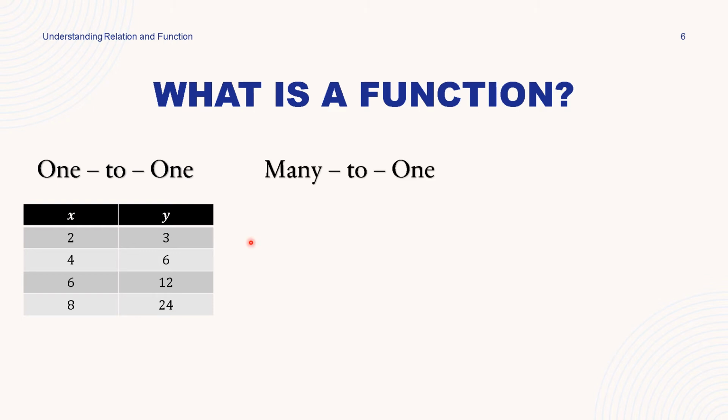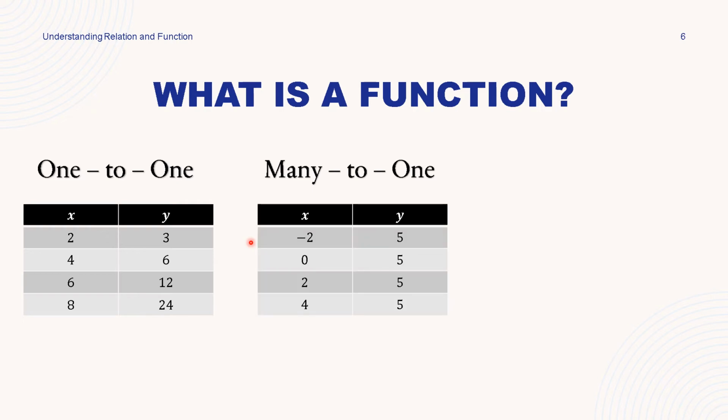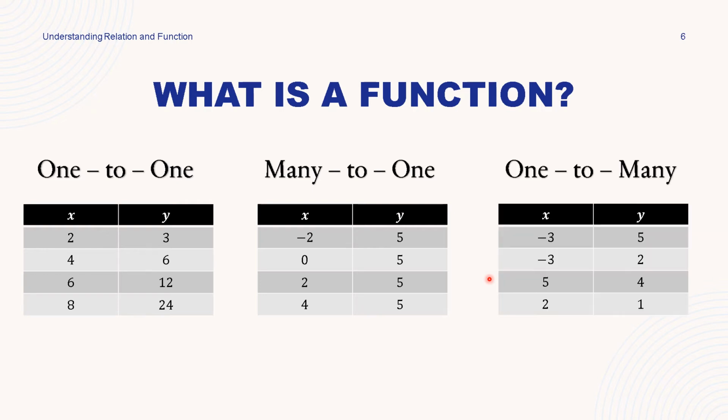Another one to look at is many to one. A many to one relation turns out to be a function, because as you can see, all the values of x correspond to one value of y. That's why it's many to one. Now, another way to look at a relation is one to many. So you have negative 3 to 5, and then another negative 3 to 2, then 5, 4 to 1.